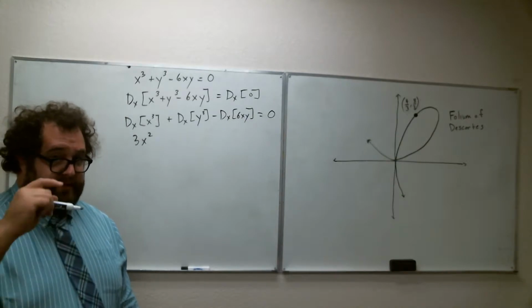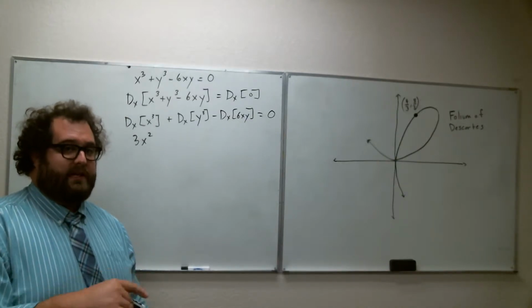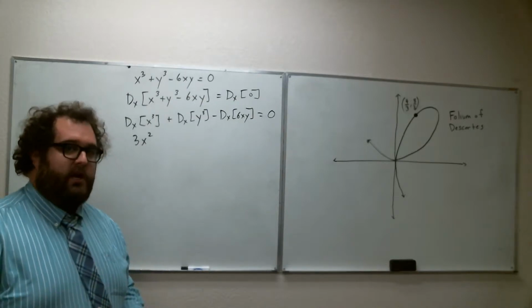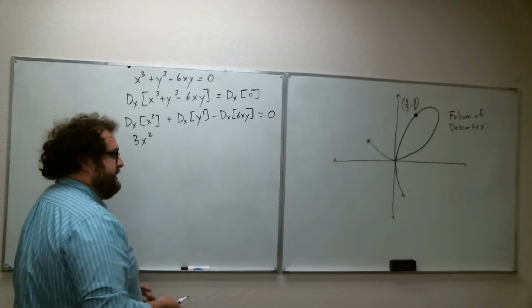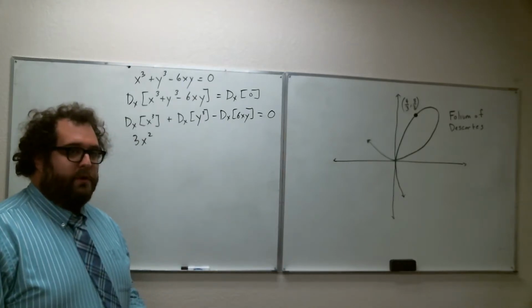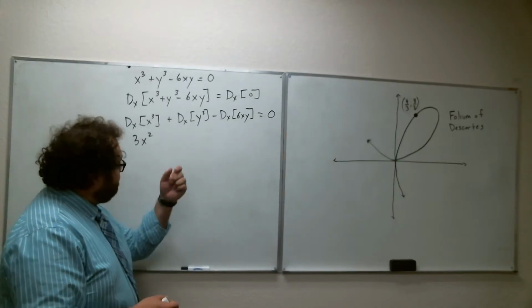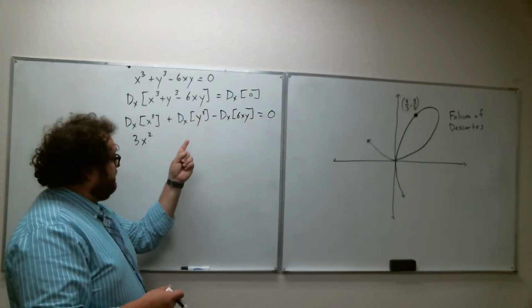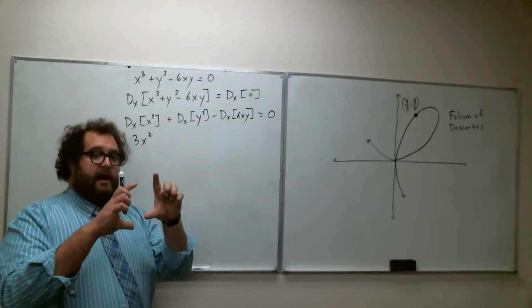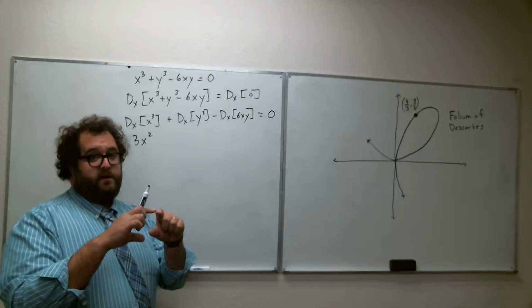However, if we take the derivative of a y variable with respect to x, we have to use the chain rule. The chain rule says you take the derivative of the outside function, but then you multiply by the derivative of the inside function. So imagine y is the inside function and cubing is the outside function.